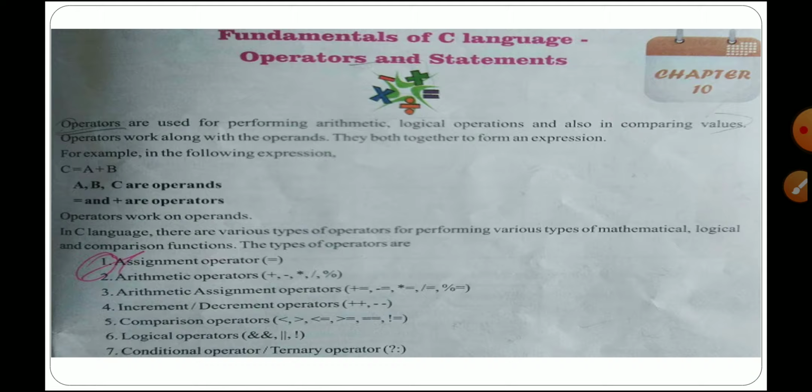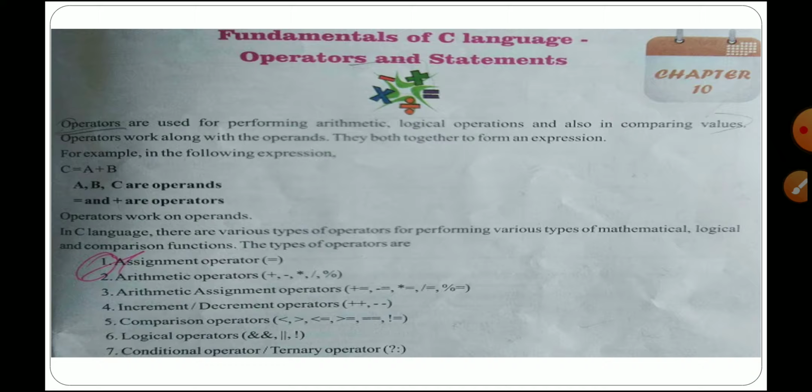What are the operators? The equal symbol and the plus symbol. Two symbols are used here, and those are the operators, equal and plus. Operands are A, B, C. The operators work on the operands and produce the result.